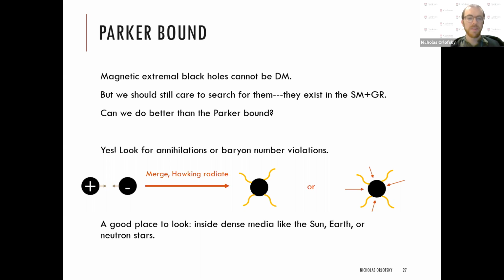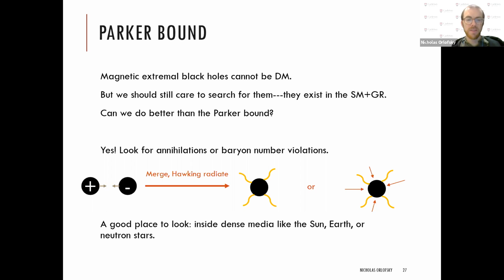implications for particle physics. And so again, as I previewed, we're going to look for places where we can have a lot of these mergers, or what I'm calling annihilations, and where we can have a lot of baryon number violations.